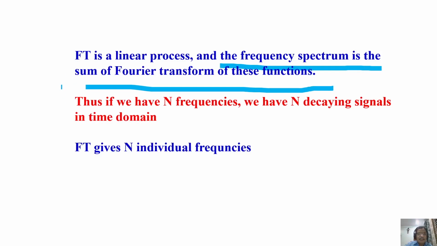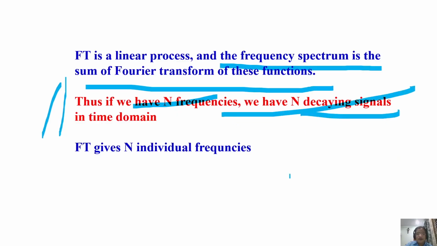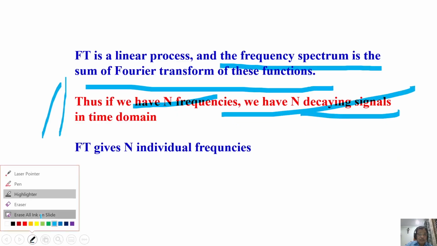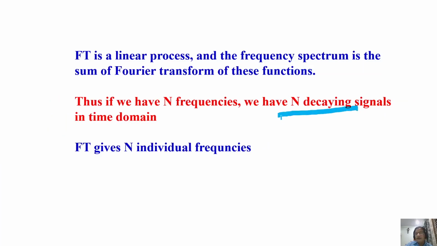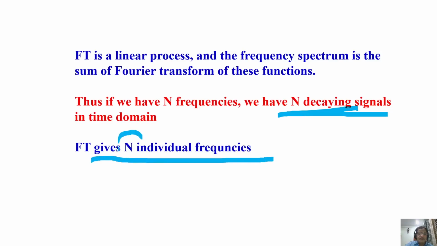Now, in a realistic NMR spectrum, there will be n frequencies present. You have n decaying signals, each with a different T2. No problem. They are all decaying signals. Collect them. It is an interferogram, you do not know. It is a mixture. Do the Fourier transformation, you will get the individual frequencies, n individual frequencies.